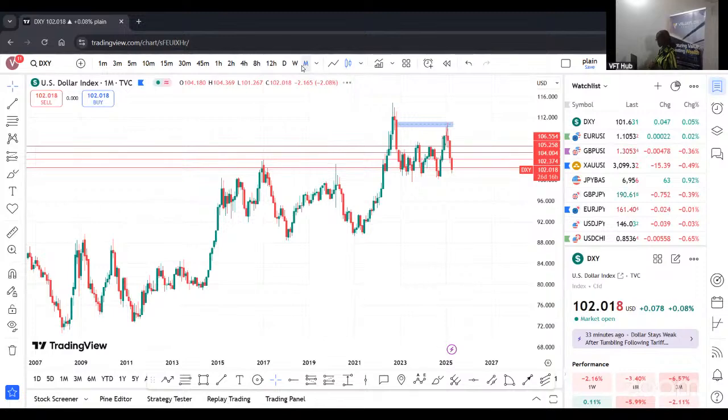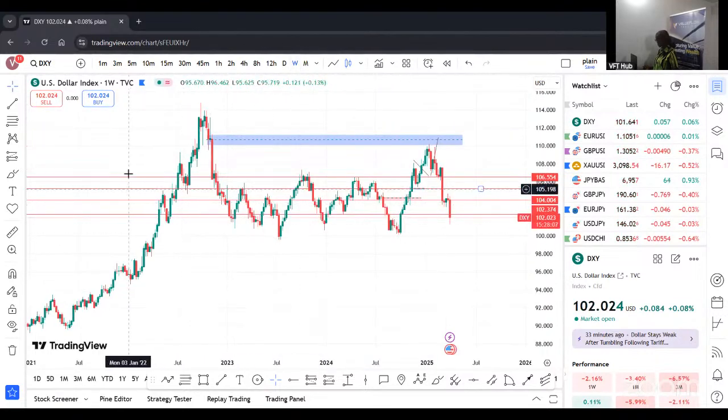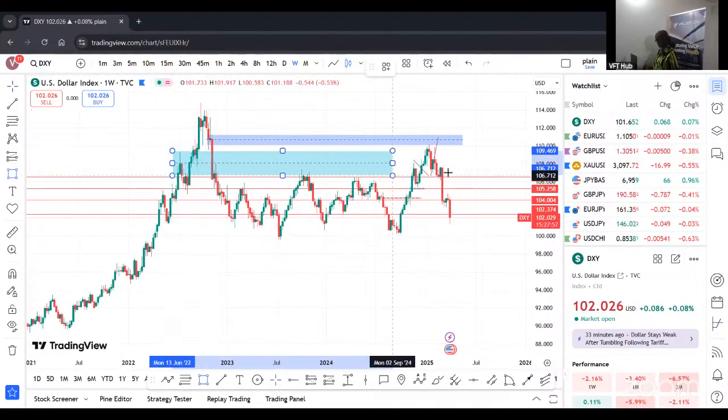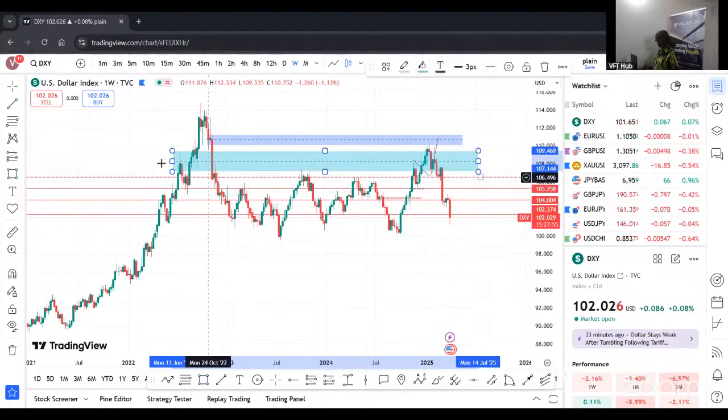Starting off from the XY on the monthly time frame, I've seen right here, price is still maintaining its uptrend. But on the weekly time frame, we can see that price tapped into this order block right here, pushed to the downside, coinciding with this very left shoulder for a sell.